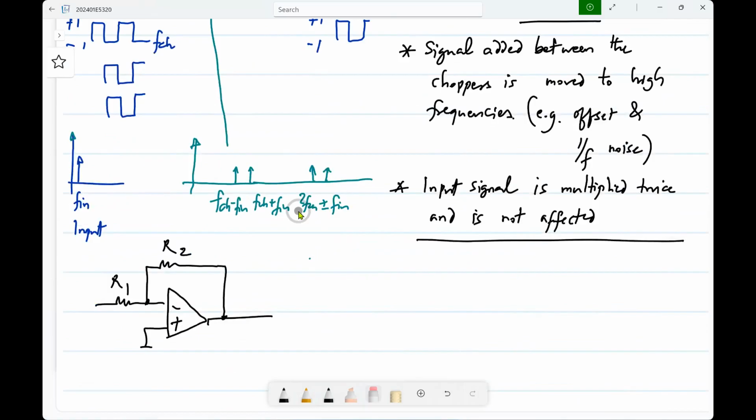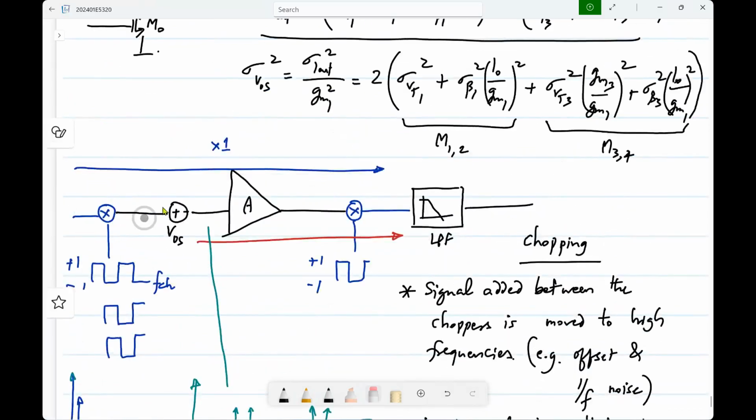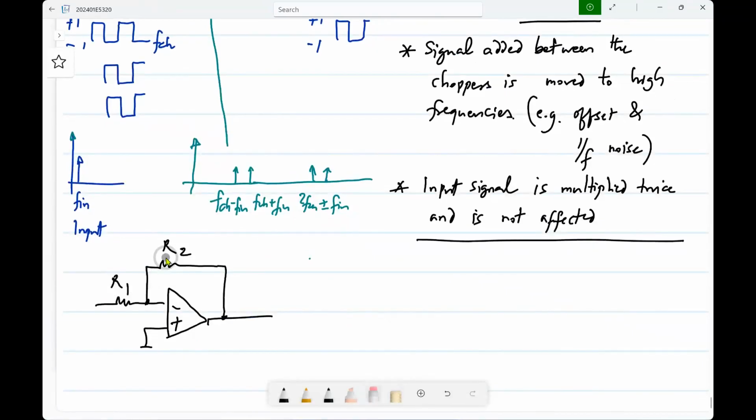So that is changing the added offset, right? See, the chopping is moving this added signal to a different frequency. It's not changing anything to the multiplication factor, right? If this is A, it will remain A. So here this is, let's say, 0.2 or something. Okay. What can you do? Yes. The gain magnitude, I want it to be exactly 1.